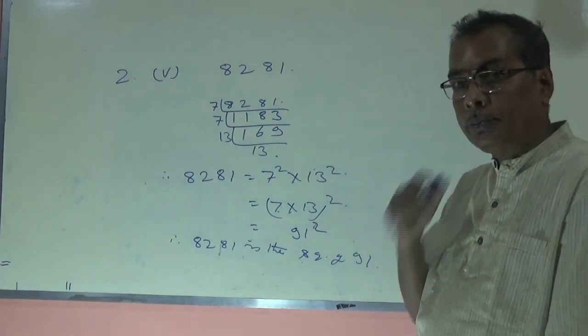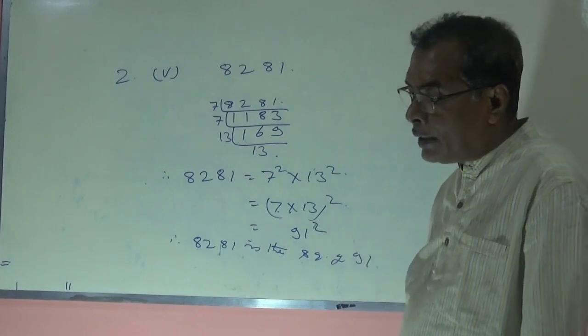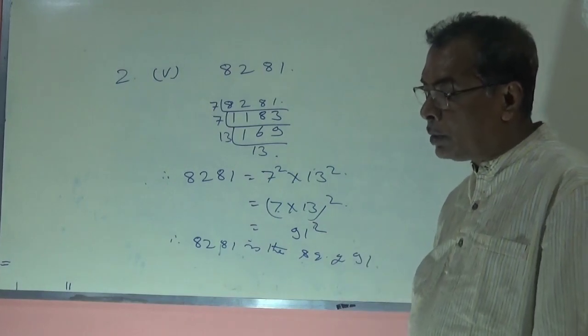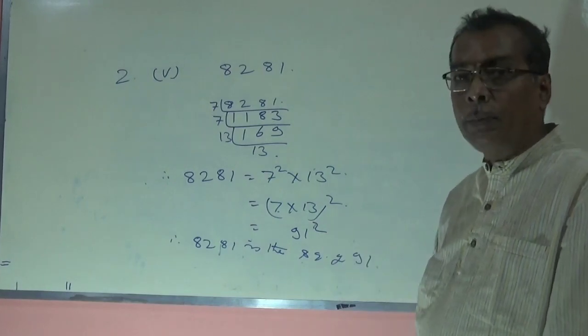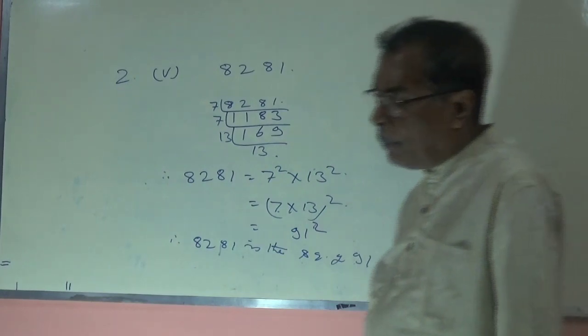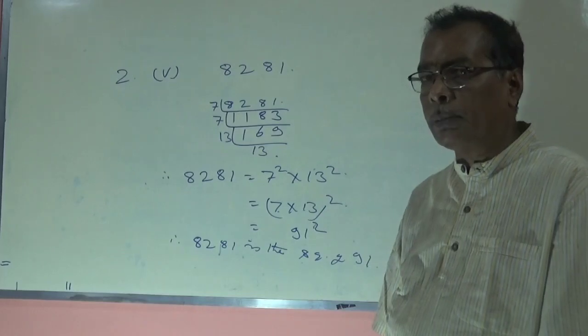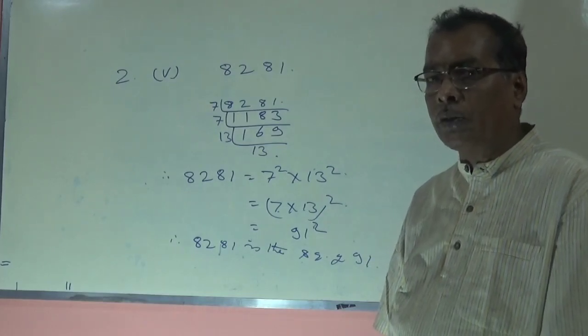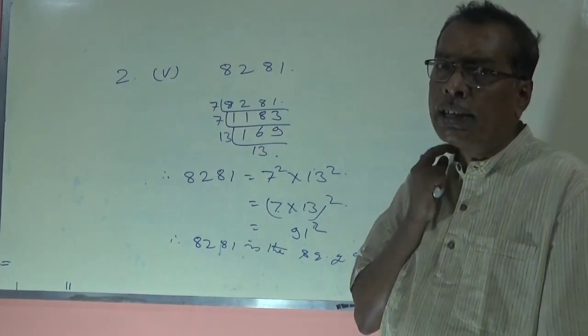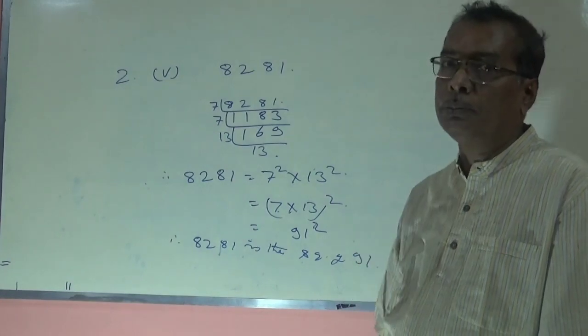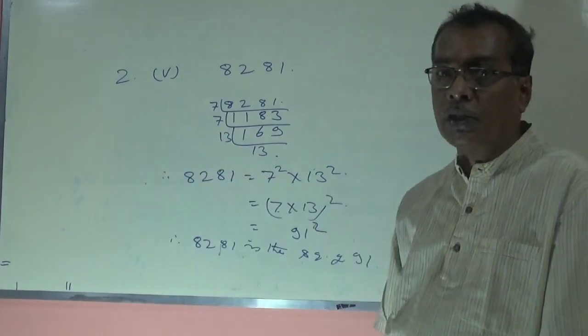So you can say that question number 1, 2, 3 and 4 we have done. Now about question number 5 and 6, only 6 questions are there in this particular chapter. About these 5 and 6 questions, I want to say one thing, that these questions should not come here. They should come in the later exercises.